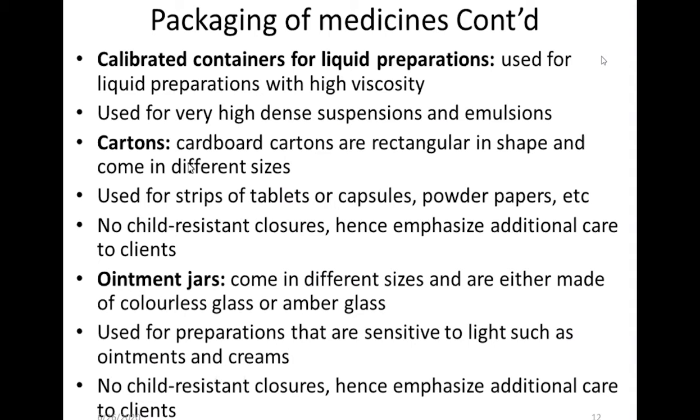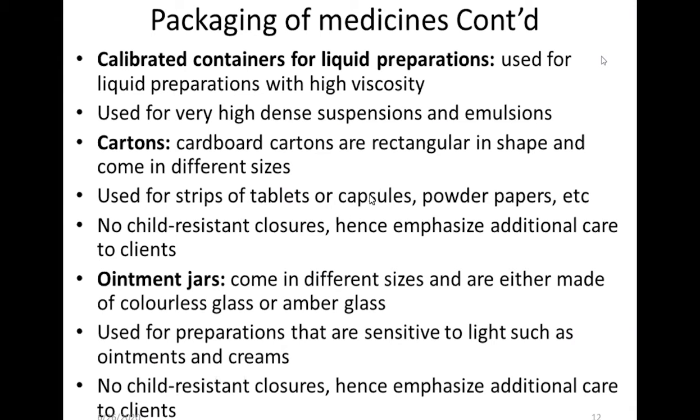So you label on the larger side of the box, because it's a rectangle. A rectangle has two bigger sides and about how many? Two smaller sides. So on the bigger side, you put your label. If the label does not fit on the bigger side, you make sure you also trace the other side of the container. These do not have child-resistant closures.